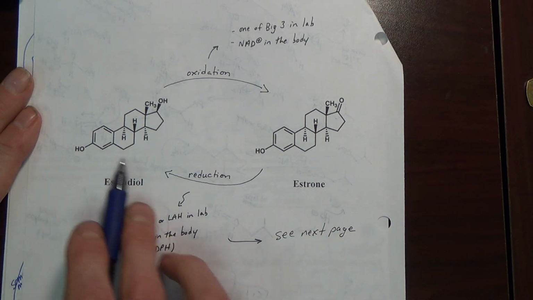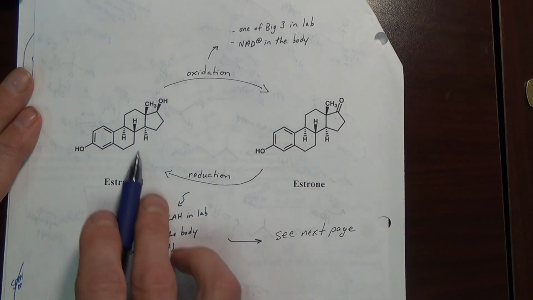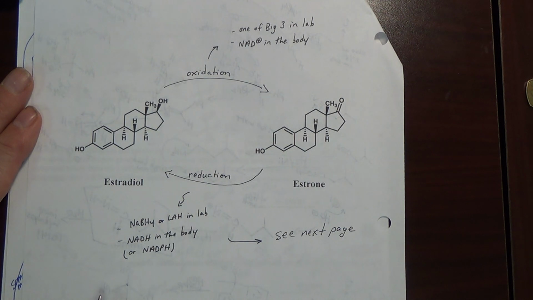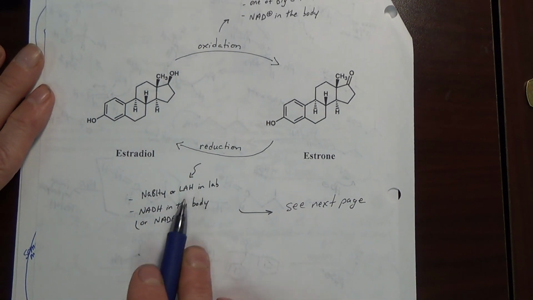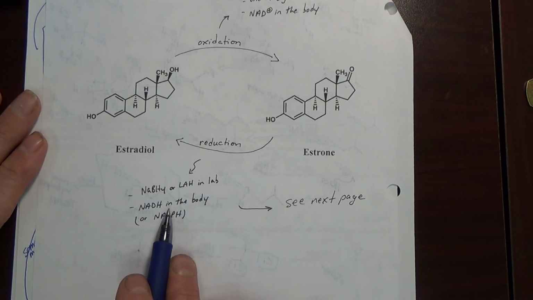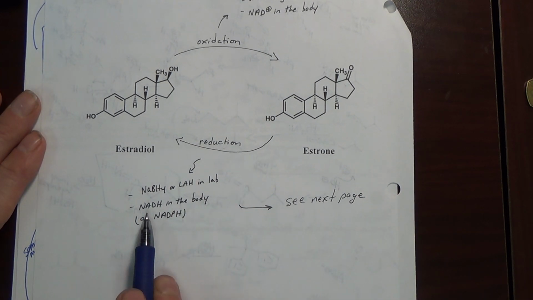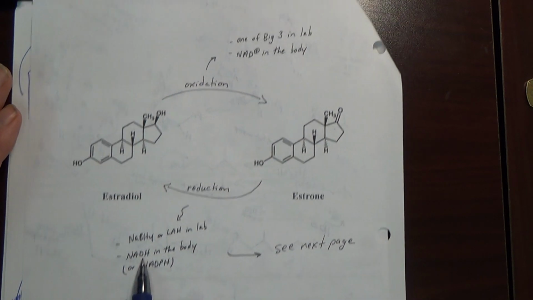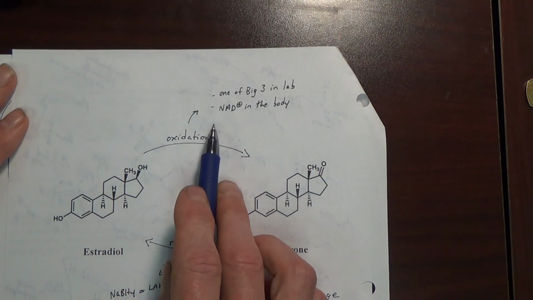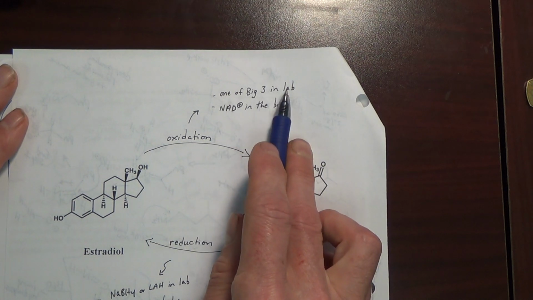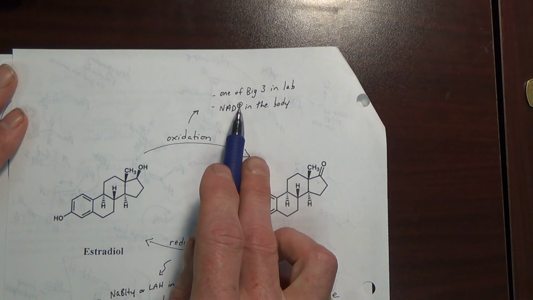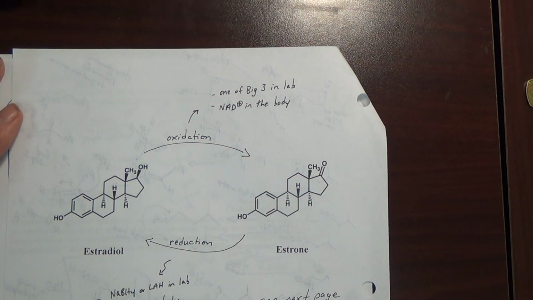And then if you come back this way, that's a reduction of the ketone back to the alcohol. Now in lab, the reduction, we would use a hydride reagent, but your body uses, as a hydride reagent, NADH. And as an oxidant, it doesn't use one of the big 3. It uses NAD+. Okay?